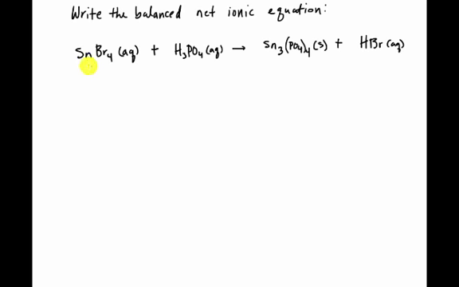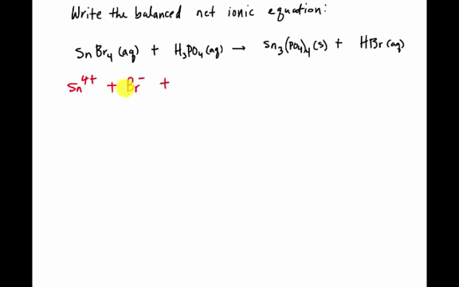All right, last one I'm going to do is tin 4 bromide, phosphoric acid, tin 4 phosphate, hydrobromic acid. Okay, so my tin 4 phosphate is the formation of the solid. I'm going to follow the same rules I just did. Anything aqueous ionic, I write in its ion form. Tin 4 plus, bromide.